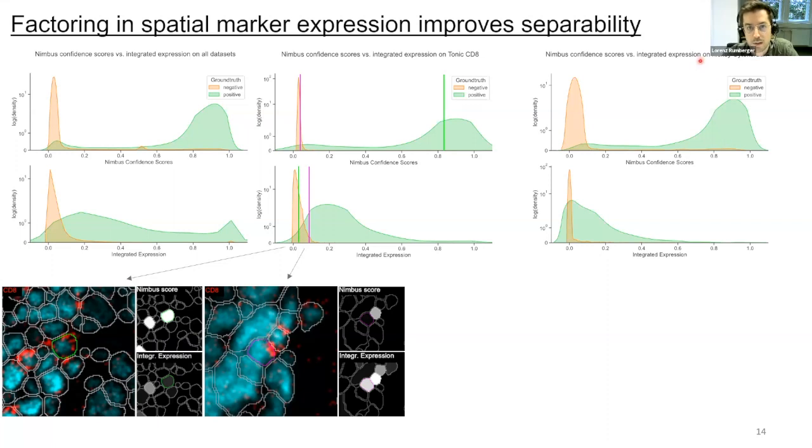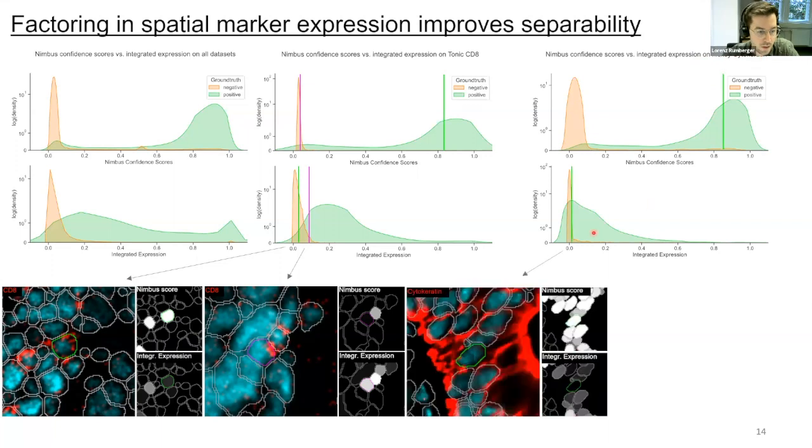And here we did the same for the Hickey colon dataset and the cytokeratin channel. Cytokeratin is an epithelial cell marker. Epithelial cells are densely packed and there's lots of marker expression all around here. When you look at the integrated expression of this cell, it's again really low. But when you look at the Nimbus score, the model was able to learn that a bunch of marker expression all around means that this cell is most likely positive for this marker.